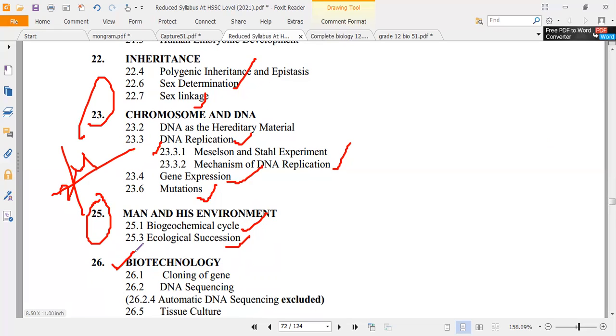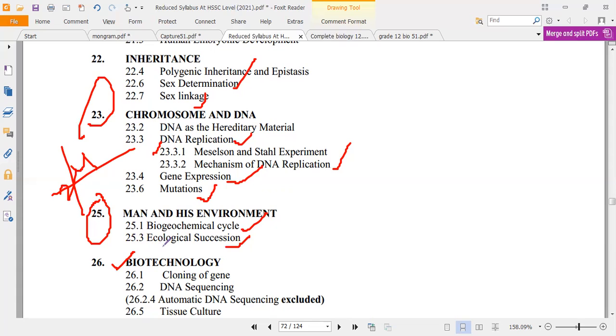Then biotechnology. In biotechnology, cloning of gene, in that several subtopics are there. So these all subtopics are included. If we just take a look at gene cloning, there is recombinant DNA technology, and then the mechanism or procedure of recombinant DNA technology.